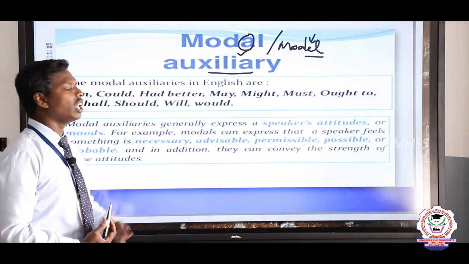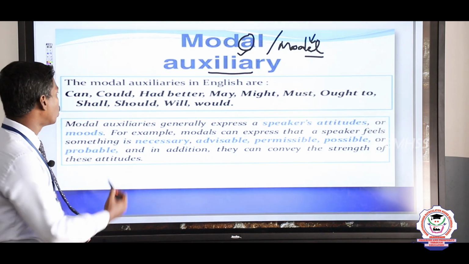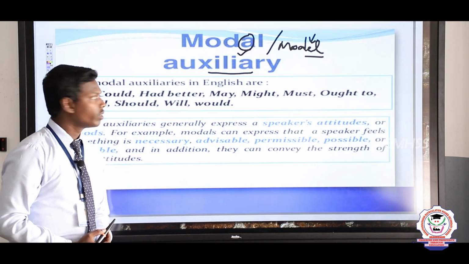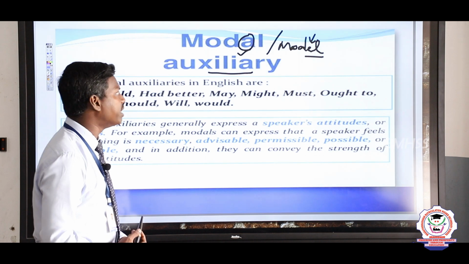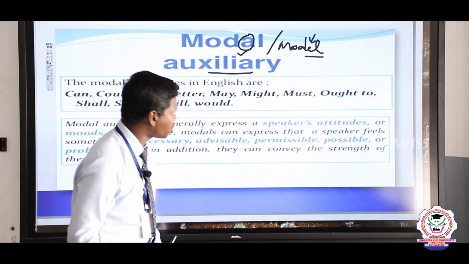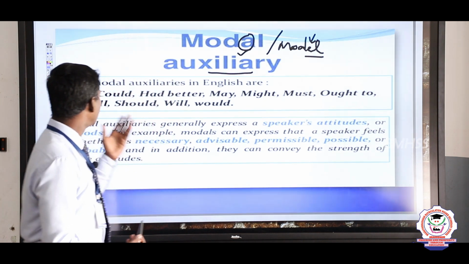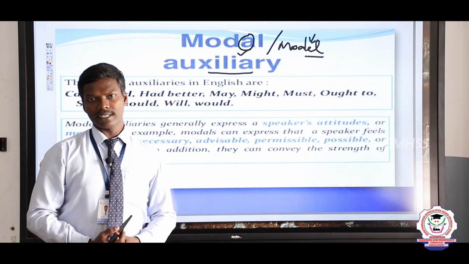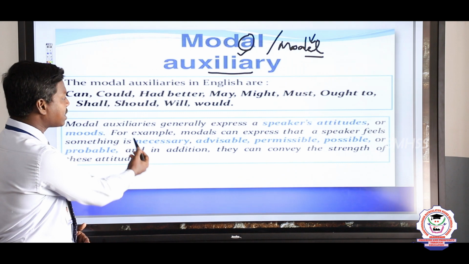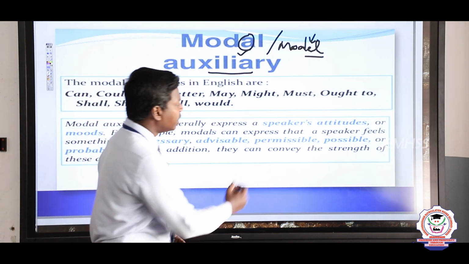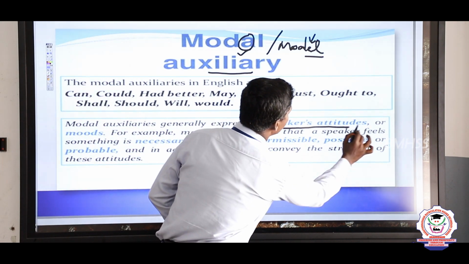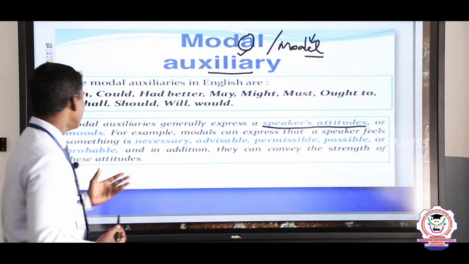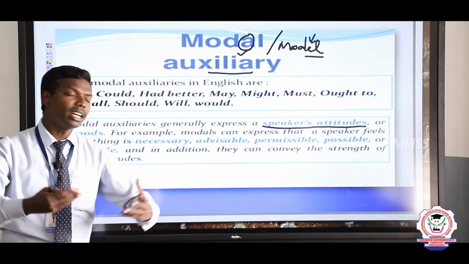So what are the modal auxiliaries in English? We have got can, could, had better, may, might, must, ought to, used to, shall, should, will, would. So all these are modal auxiliaries. Modal auxiliaries generally express a speaker's attitudes. It's a very important thing, or it expresses the moods of the speaker.